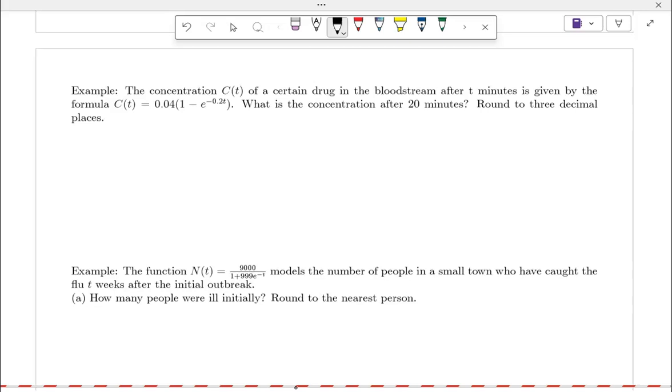In this case, a certain drug has been put in the bloodstream. It gives you a concentration in the bloodstream after a given amount of time, and then it asks what is the concentration after 20 minutes. So in this case, it literally just gives you the function, right?